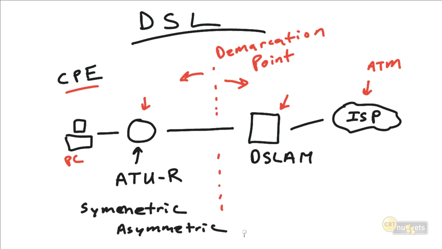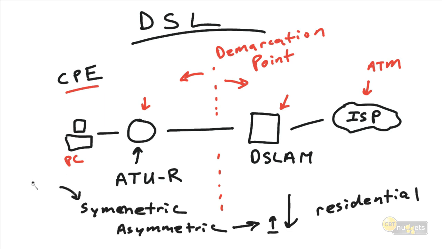With asymmetric DSL, we have a different speed for uploading than we do for downloading. This is the most common type of DSL. It's often referred to as residential DSL. So you've got relatively fast downloading, but relatively slow uploading.